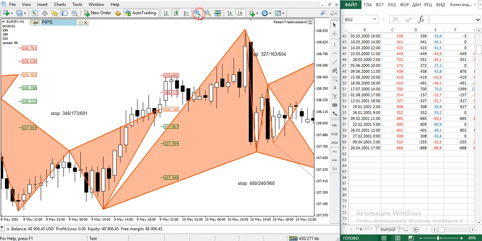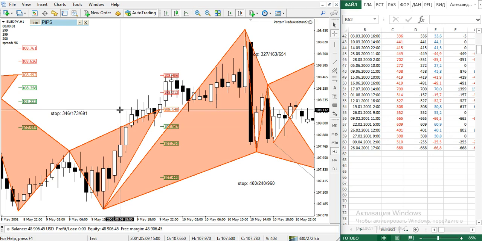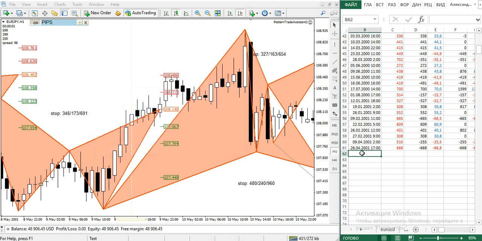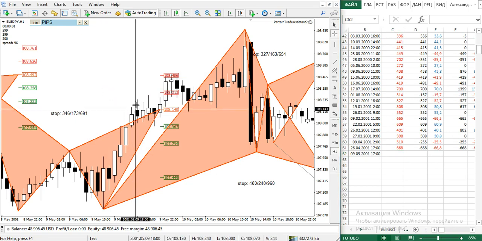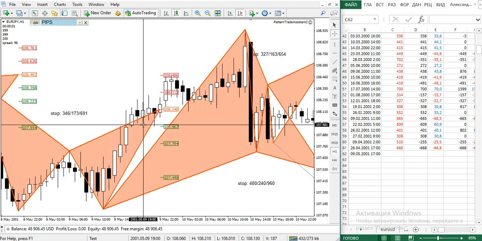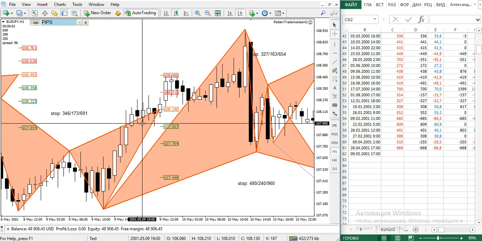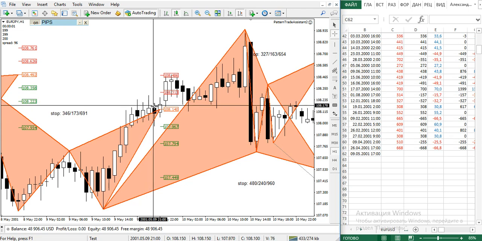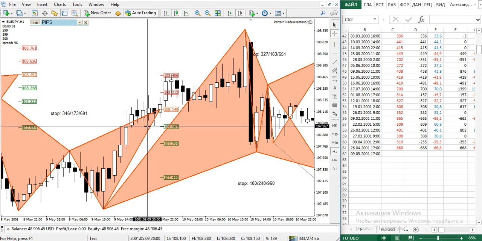Okay, so this one is the pattern that I'm interested in. Didn't complete on this candle, so this one is the completion. Then we go higher, then we go lower. We do not hit half at this candle, yes. Go slightly higher, and then we go lower.